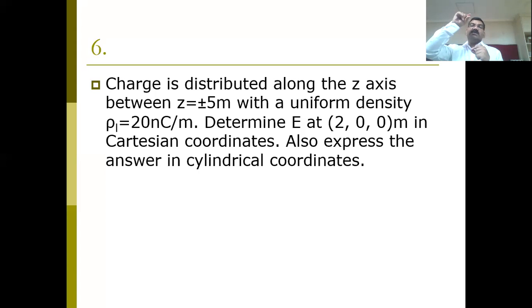Along that you can find the formula and integrate from minus 5 to plus 5. So if you do that, you will get the answer. The expression you want in the Cartesian coordinate system as well as the cylindrical coordinate system. So both ways, two times you have to do the same thing for the two different coordinate systems. That's it.